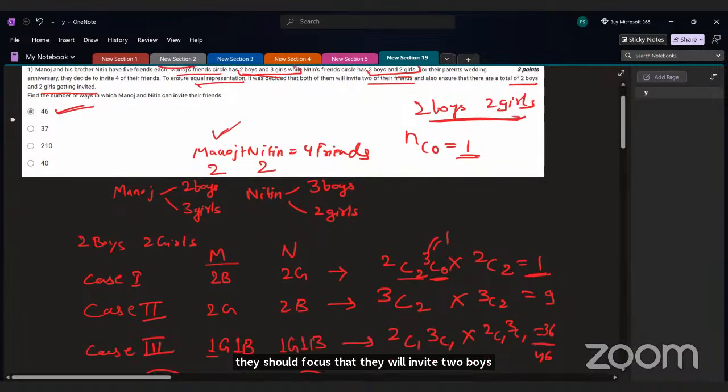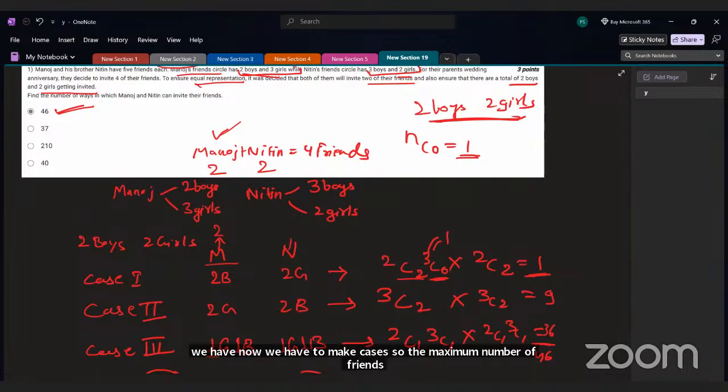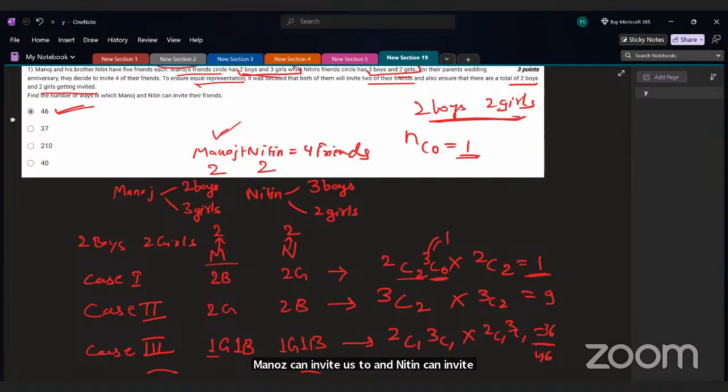Now we have to make cases. The maximum number of friends Manoj can invite is 2, and Nitin can invite 2. Now we have to match this constraint of 2 boys and 2 girls. In the first case, Manoj will invite 2 boys and Nitin will invite 2 girls. In the next case, Manoj will invite 2 girls and Nitin will invite 2 boys.